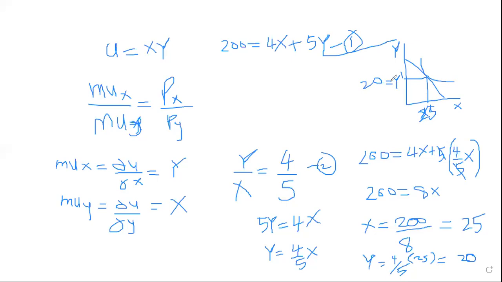Okay, let's do it again. So the utility function is u is equal to xy, and then the budget constraint is 200 is equal to 4x plus 5y.